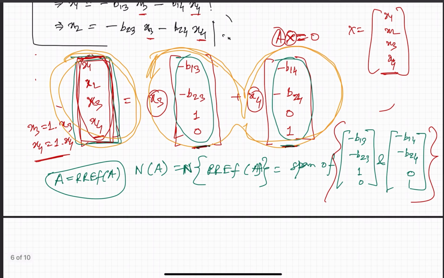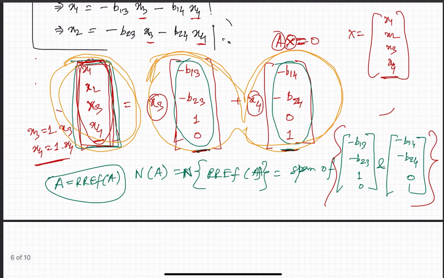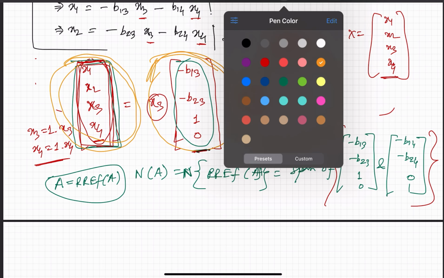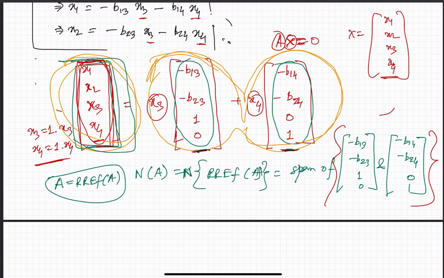The same thing here: all the possible vectors which are solutions of x fall in the span of these two vectors.